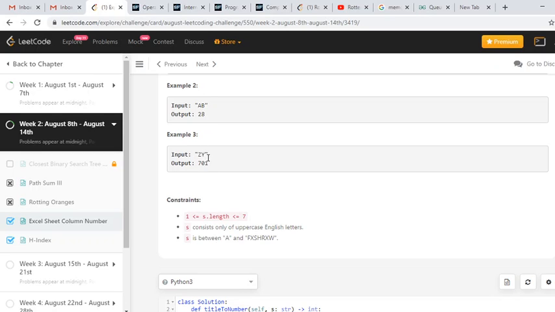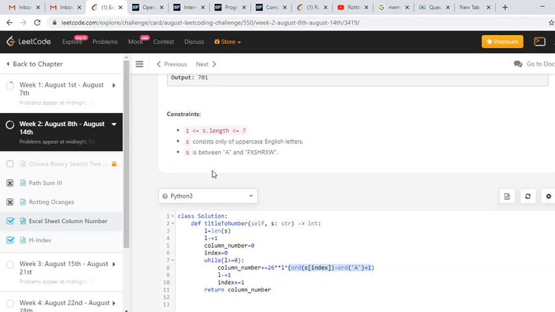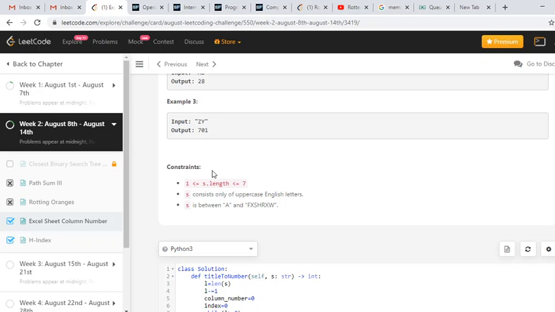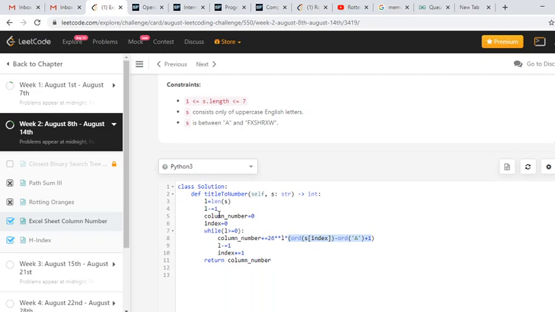Suppose the length is 2, and L is used for the power only. So if the length is 2, for Y we will use the power 0 and for Z we will use power 1. So Y's power is 0 and Z's power is 1. For that I decrease by 1, and after that column number is the answer here.